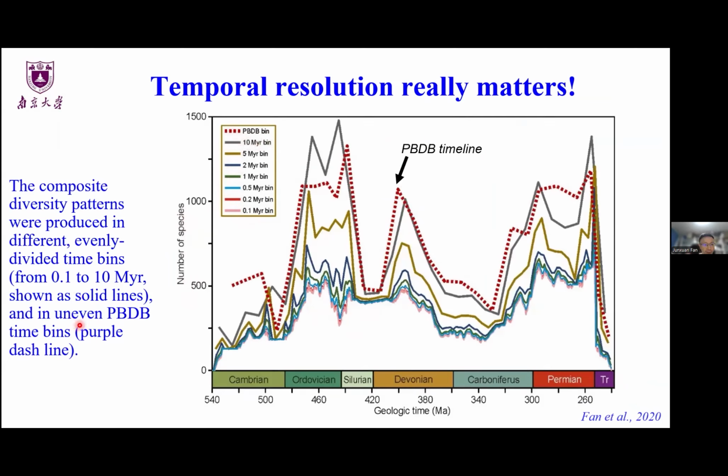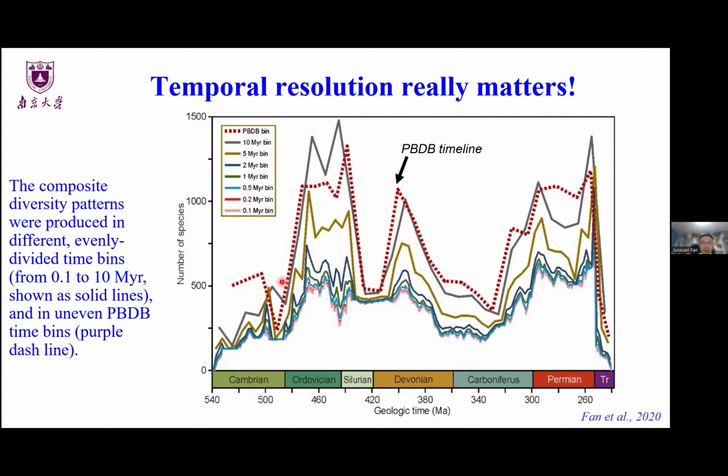You can see that all those evenly divided time bins from 0.1 to 10 million years are shown in this map as solid lines, and the dashed line is the PBDB timeline they used for the 2008 paper, because it's not really an evenly divided timeline. So I use a dashed line to indicate that curve.